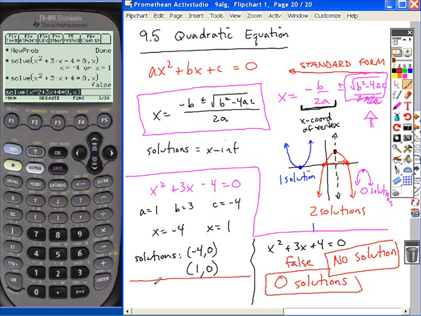All right, let's do one last one. What if I said x squared minus 4 is equal to 0?